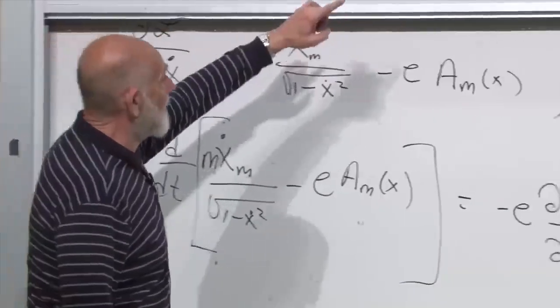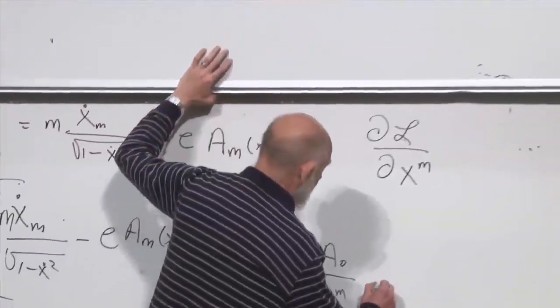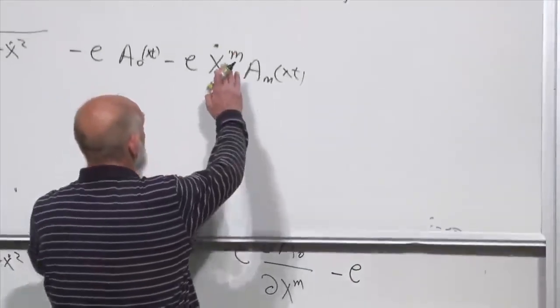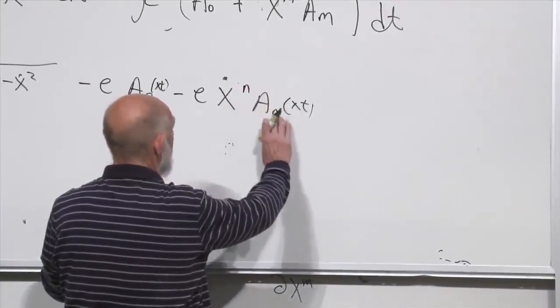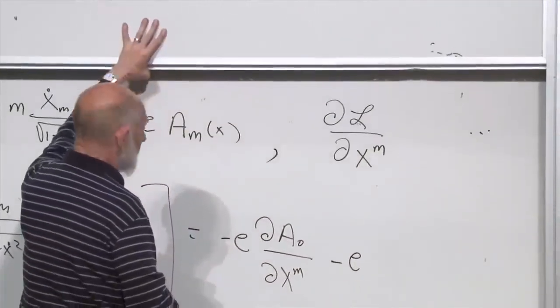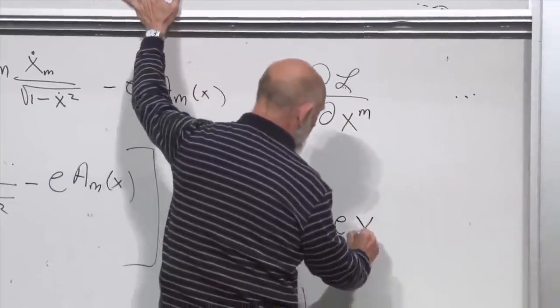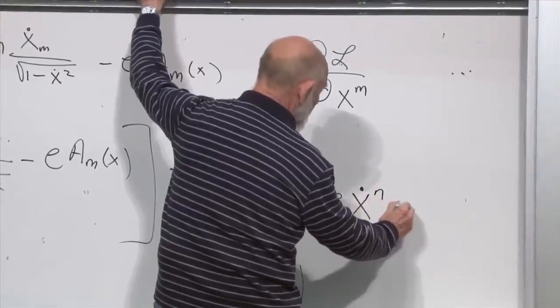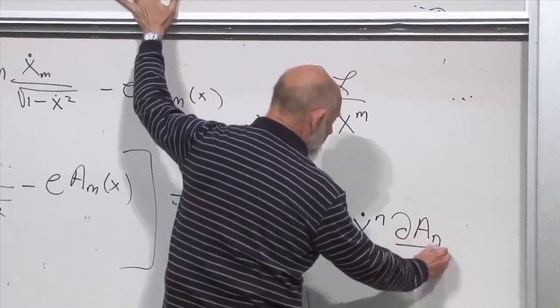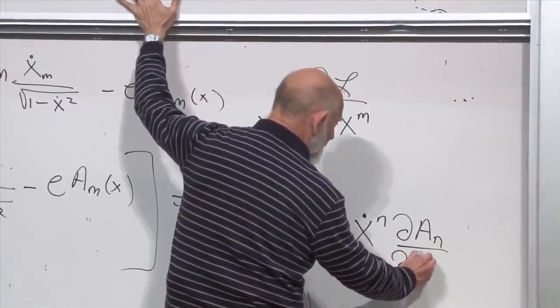On the right-hand side of the equation, we have to write minus e, let's call this here n, it's a summation index, xn dot times the derivative of an with respect to xm.